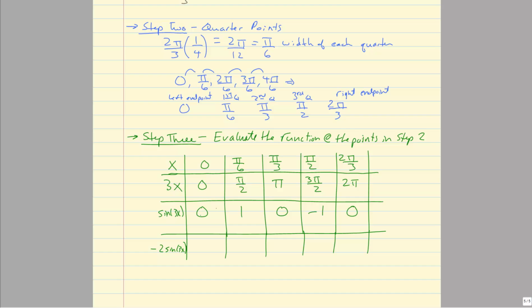So what we do is we just take -2 times what we have here in this row. So -2 times 0 is 0, -2 times 1 is -2, -2 times 0 is 0, -2 times -1 is 2, -2 times 0 is 0. So those are my nice points. Those are my plot points. So step 3, we're going to evaluate the function. Step 4, we're going to actually plot the points.